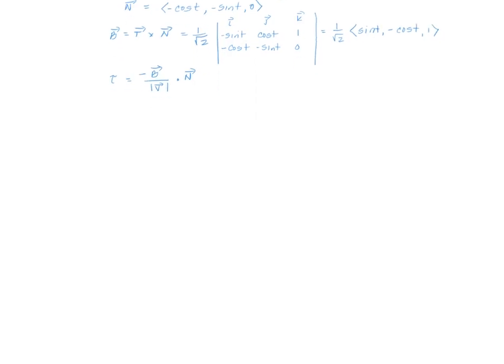I don't really have the magnitude of the velocity, so I could simply figure this out. My velocity vector is negative sine, cosine, 1. So the magnitude of the velocity here is going to be the square root of sine squared plus cosine squared plus 1, or the square root of 2.